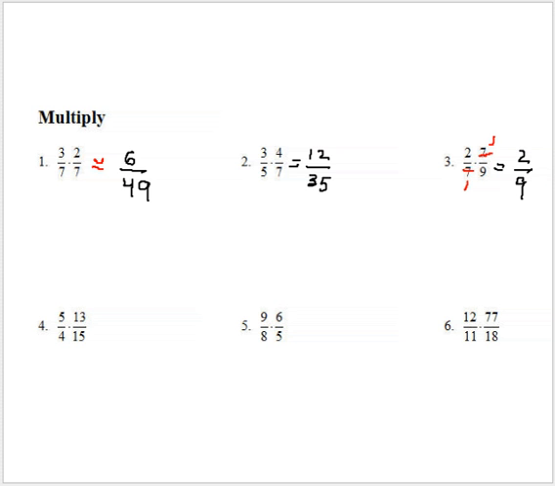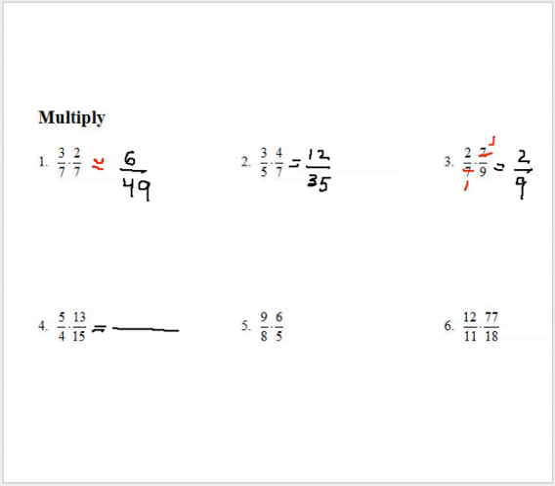All right. Stasia, can you tell me what would be the answer for the next one, number 4? Okay, you're saying it's 65 over 60 reduced to 13 over 12. Definitely. As a matter of fact, you don't even have to bother with multiplying these.